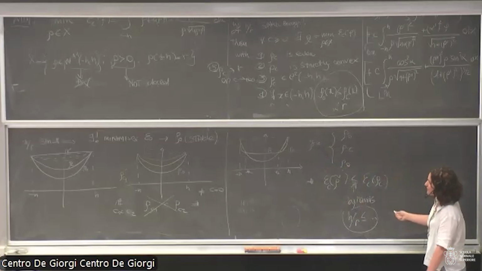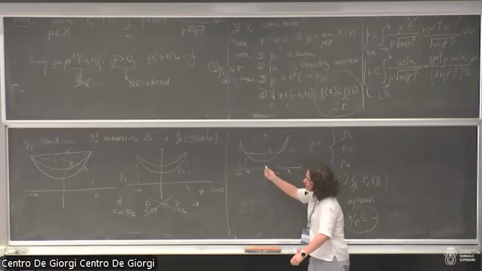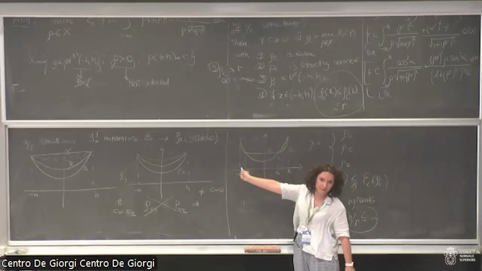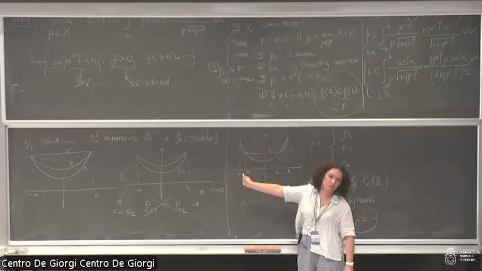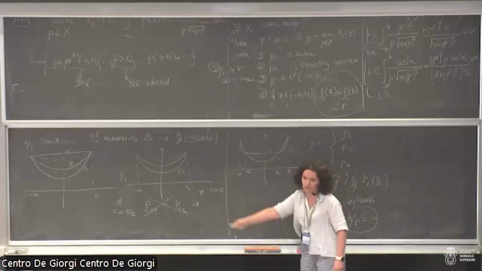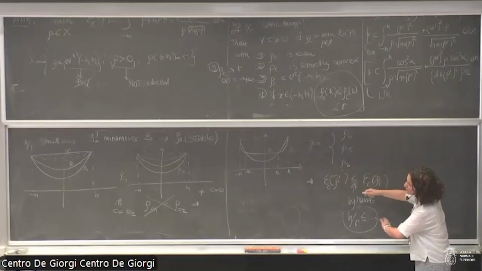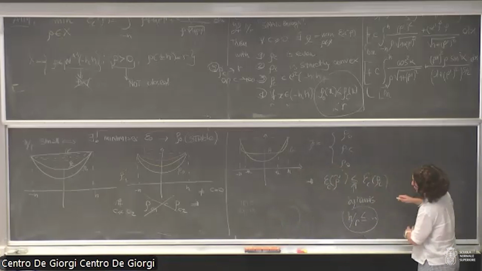Maybe here I'm cheating a bit because I'm just drawing examples which are convex, but believe me that the energy decreases by convexification. This is just a technical part, if you don't care.